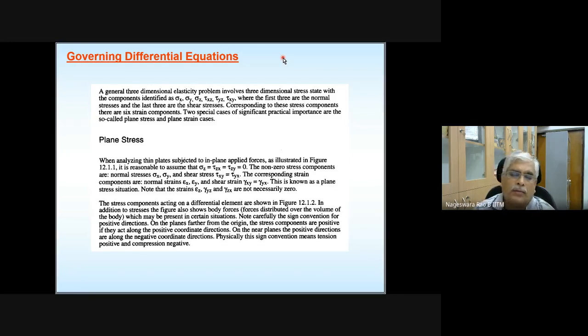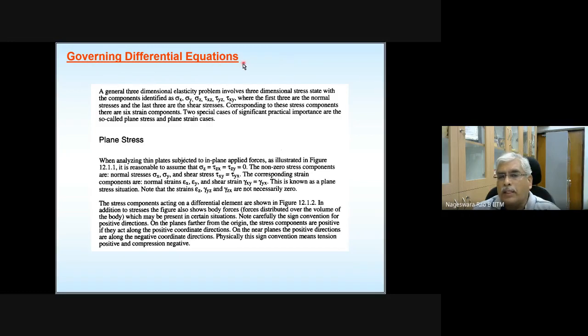For elasticity problems, under the assumption of plane stress or plane strain, the three-dimensional elasticity problem can be simplified as a two-dimensional problem. And then we need to note the various differential equations that we are going to get, so that whatever concepts we learn, we can easily apply them and get the element equations.